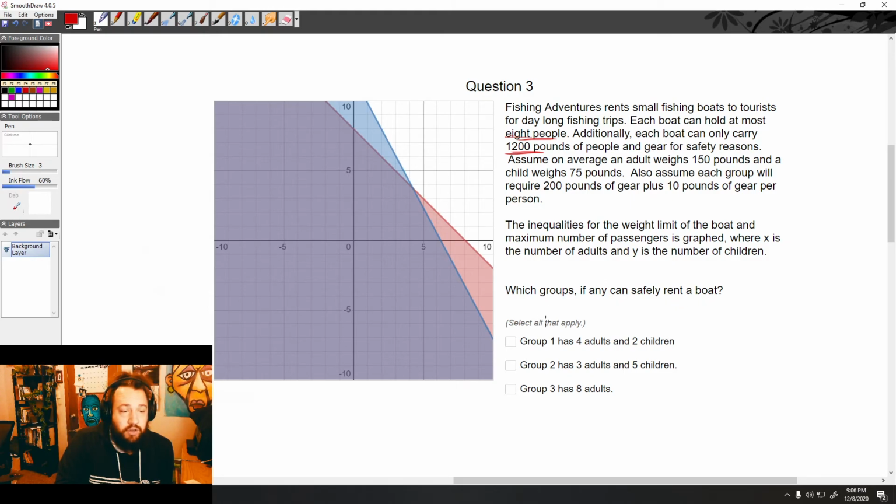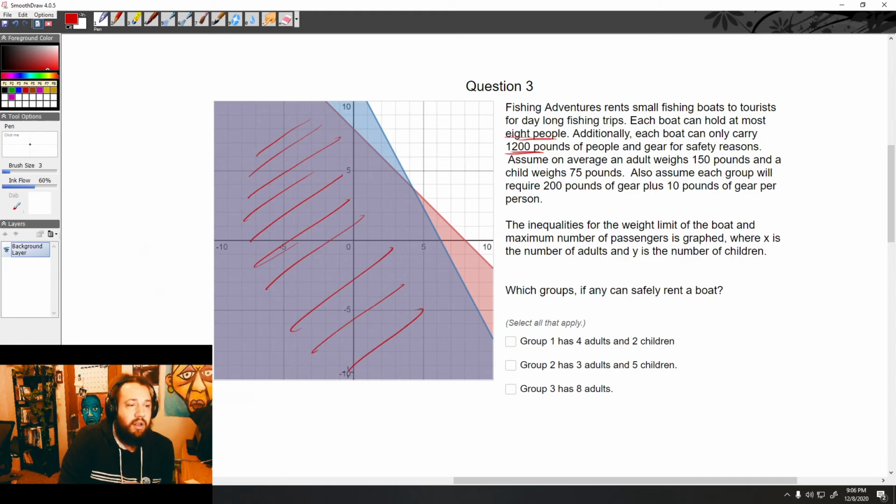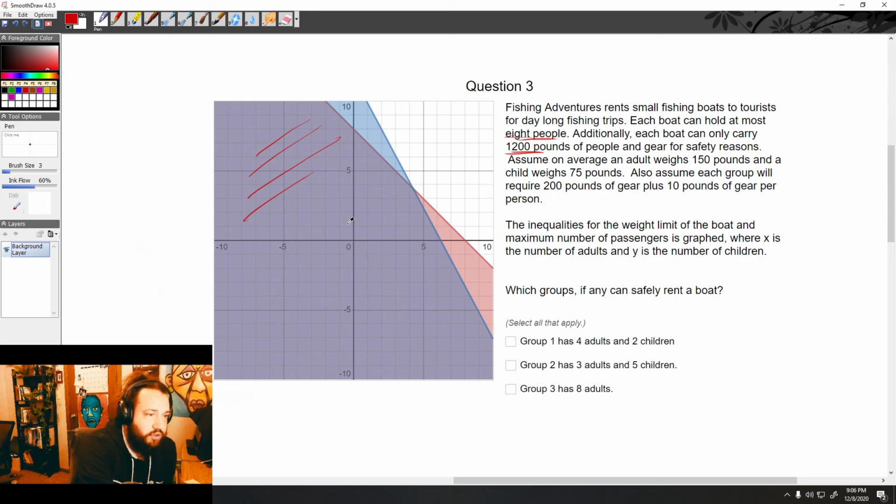So what we're going to want to do is look for groups that are in this zone that is highlighted by both of our graphs. So group 1 has 4 adults and 2 children. So is 4 and 2 in here?